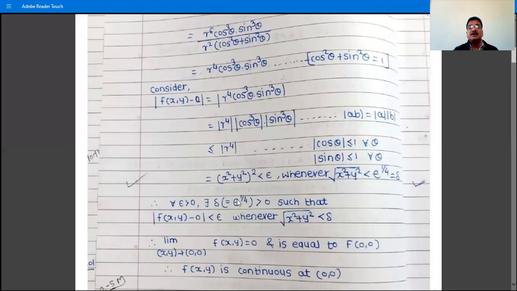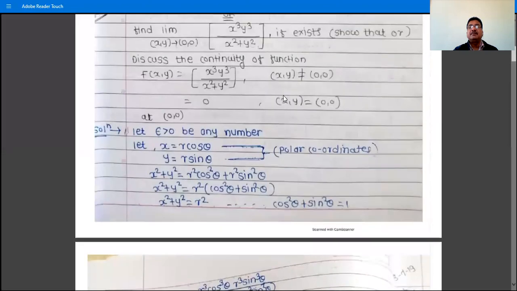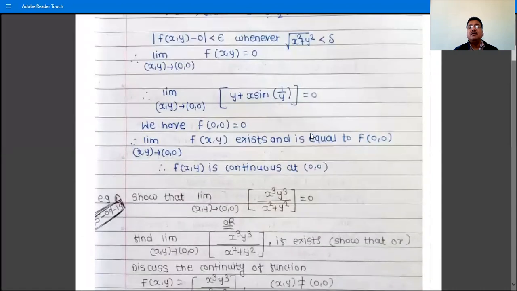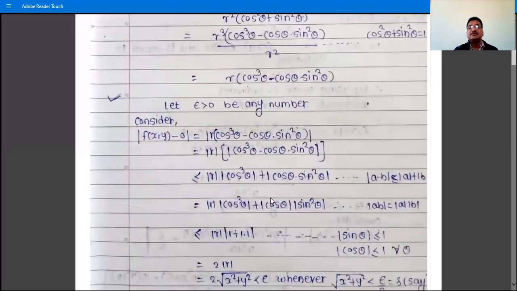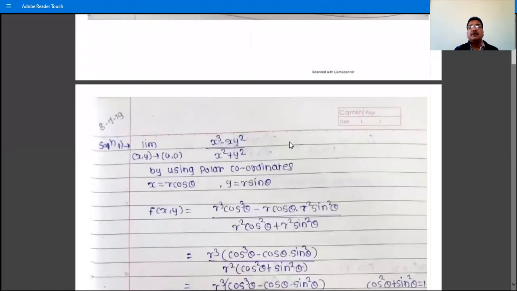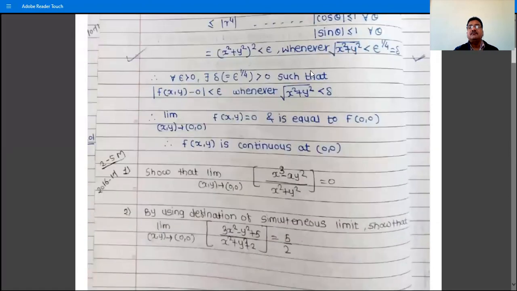So write less than or equal to r raised to 4, which is (x square plus y square) whole square, less than epsilon. At the same time, taking the 1/4 power of both sides, we have root x square plus y square. 2 by 4 means 1 half, so the root is less than epsilon raised to 1 by 4, that is delta.